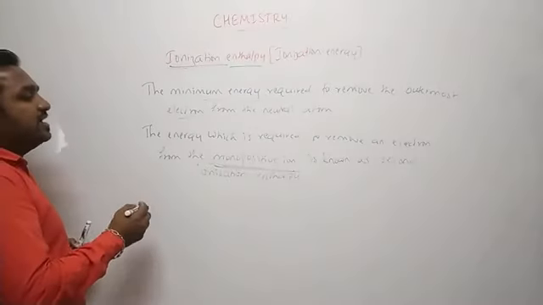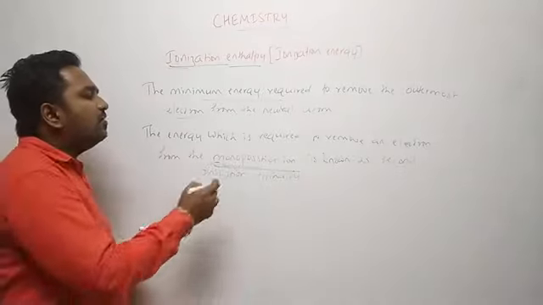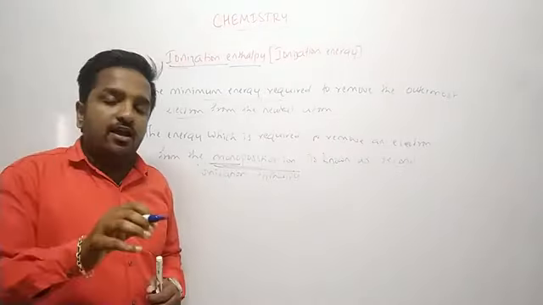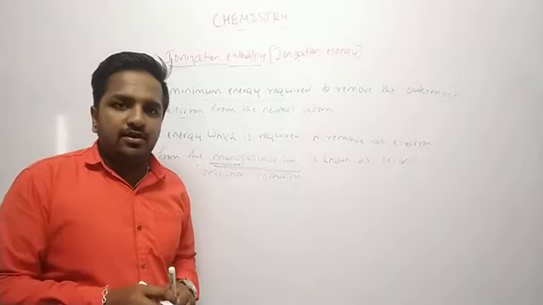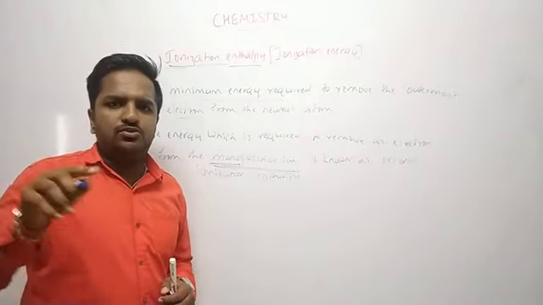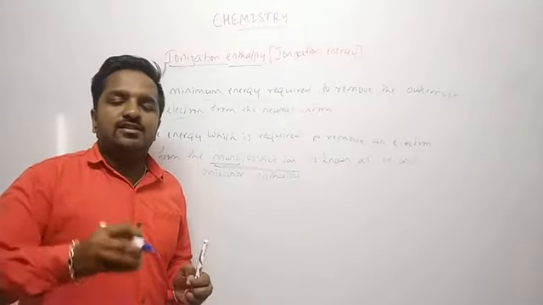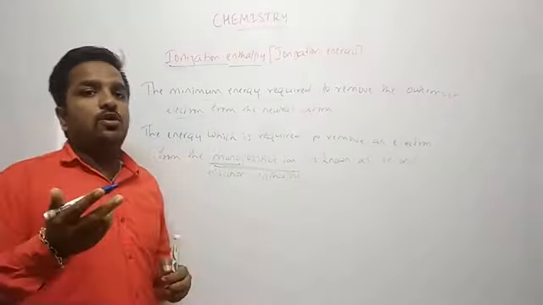Now let us look at the next one. After removing an electron from a monopositive ion, it becomes a dipositive ion, that means 2 plus, for example Mg2 plus. That particular atom has lost 2 electrons.